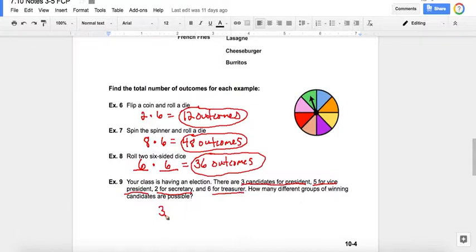So we're going to multiply all of these together. 3 times 5 is 15, times 2 is 30, and 30 times 6 is 180 outcomes. So there are 180 different outcomes for this election.